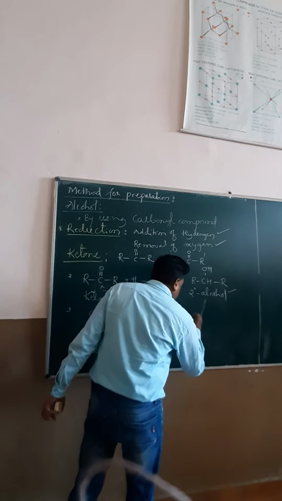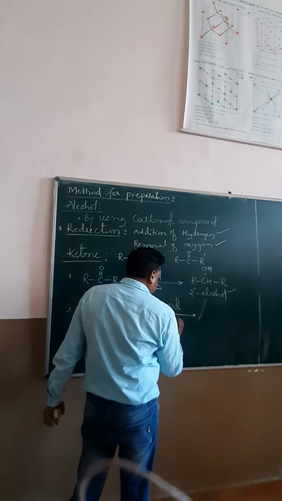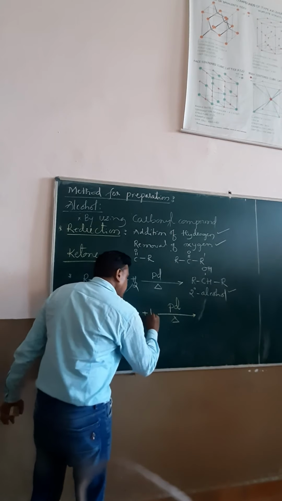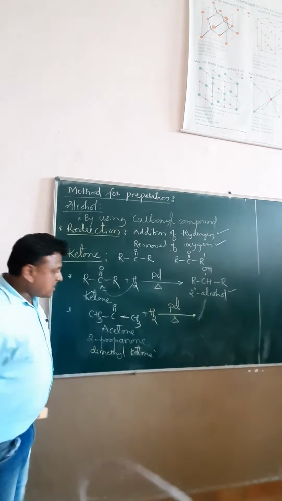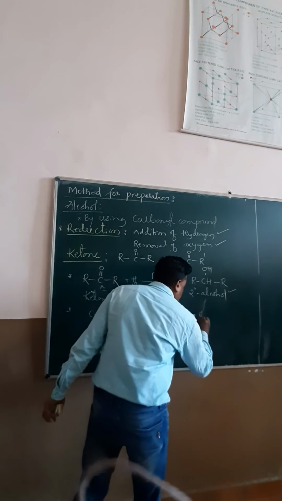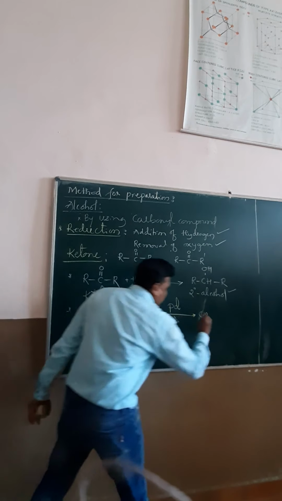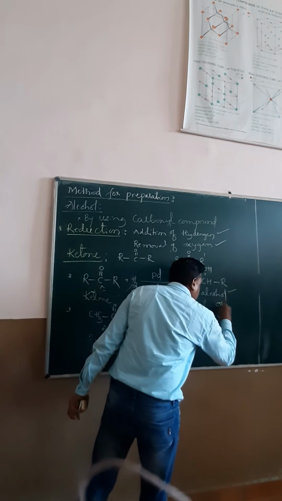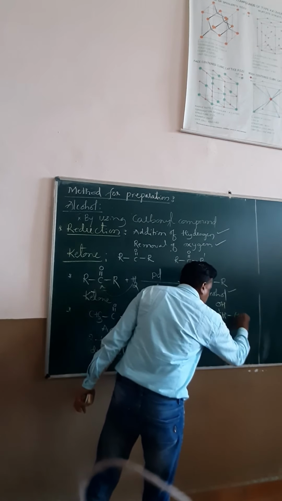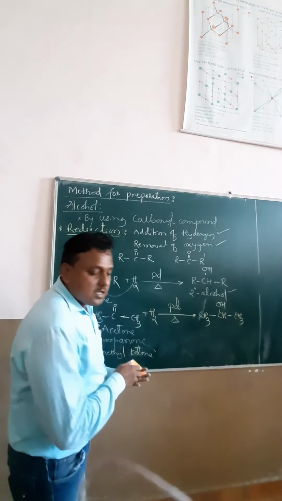And this compound undergoes reduction with the same palladium catalyst. The formation of the compound is CH3 as it is, and the pi bond is cleaved. This becomes OH, with H here, and we get this compound.